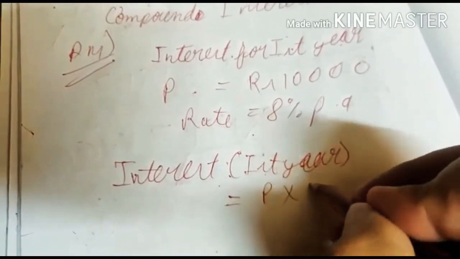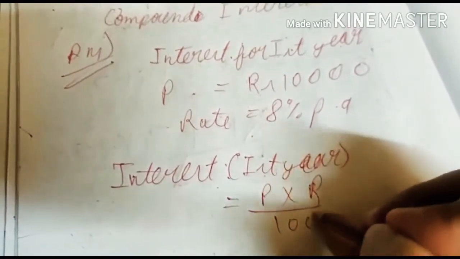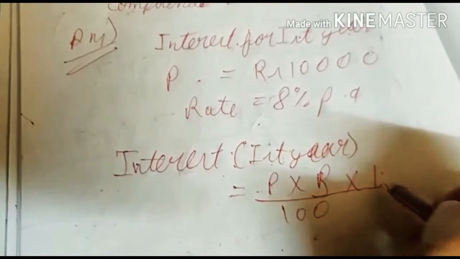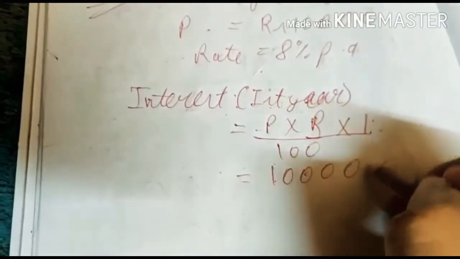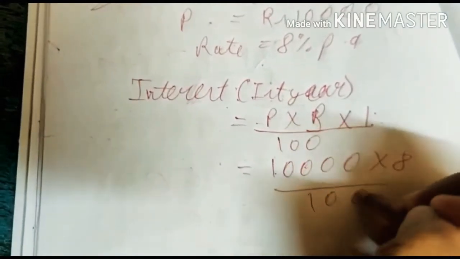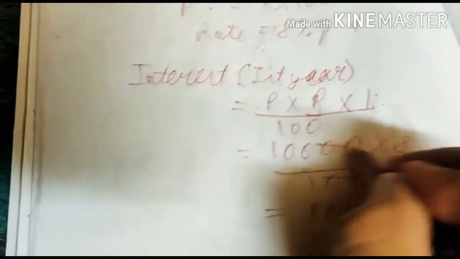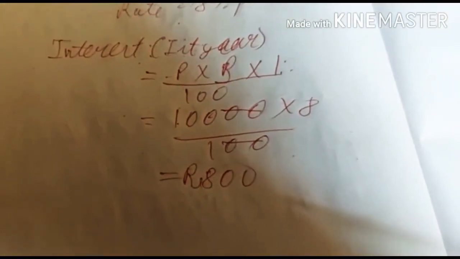Principal into rate percent upon 100. Time here is 1, so PRT upon 100, T here is 1. So principal is 10,000 into 8 upon 100. This comes out to be 800 rupees. Means the interest for the first year is 800. That is, by the end of the first year you have to pay interest of 800.